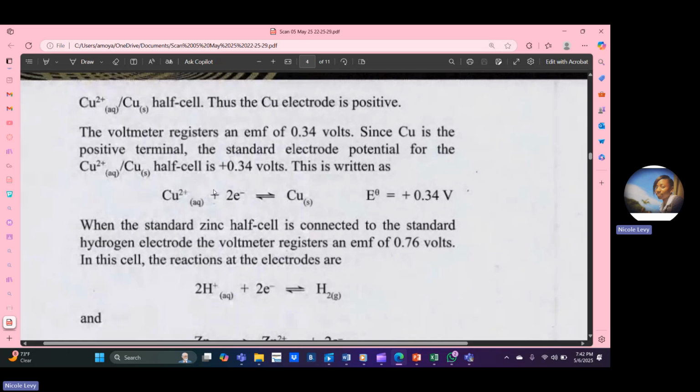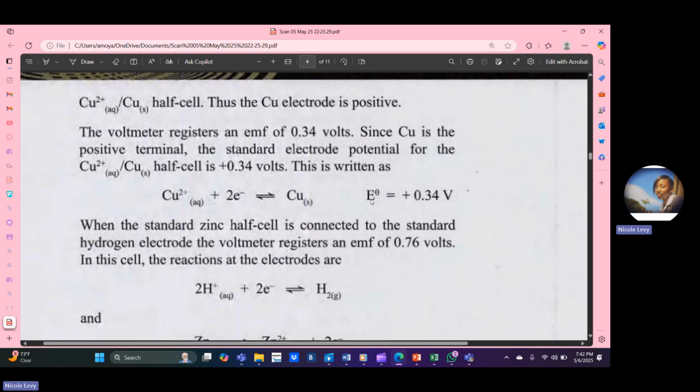So whenever you're writing the reactions for the less reactive metals, remember it's the ions that are going to accept electrons to form the solid, right? So copper is not going to be as negative as zinc because copper doesn't really want to lose electrons, right? And we call this the E cell value.